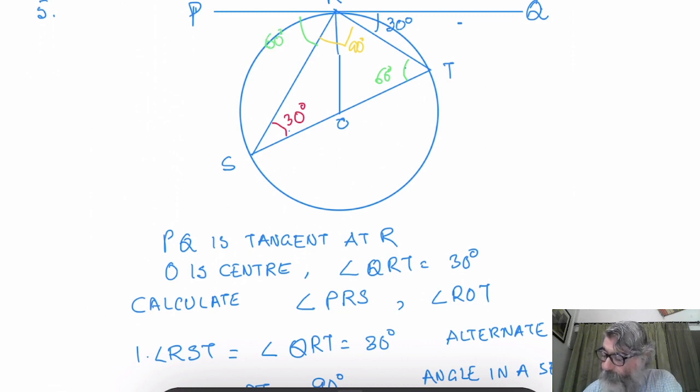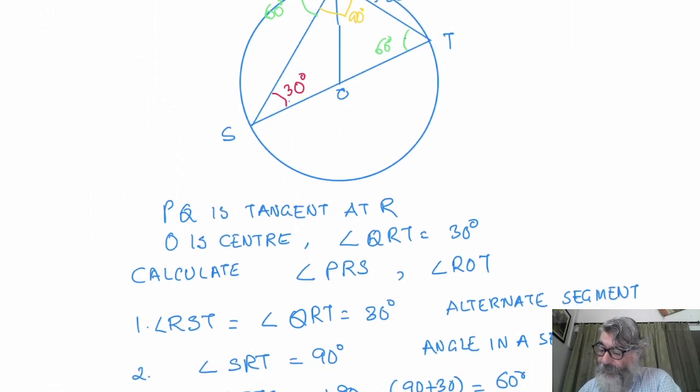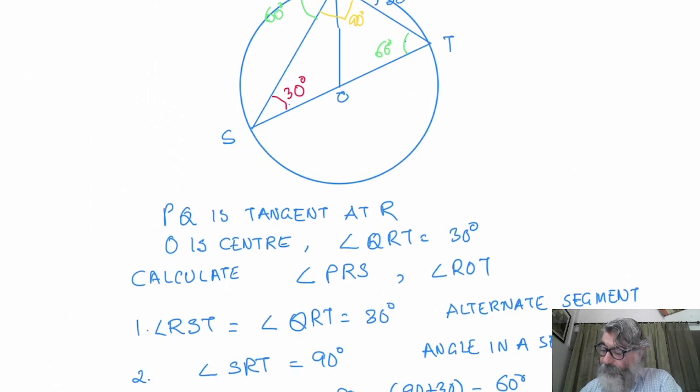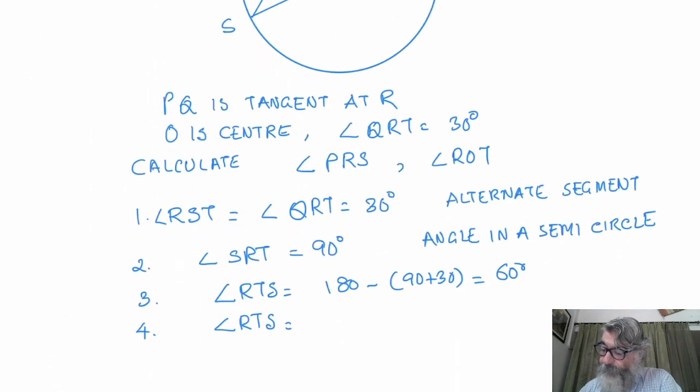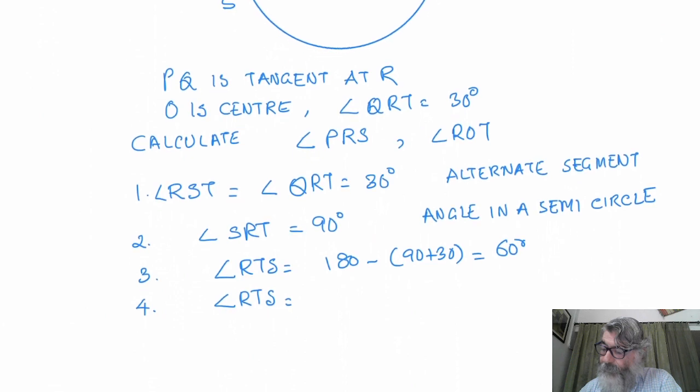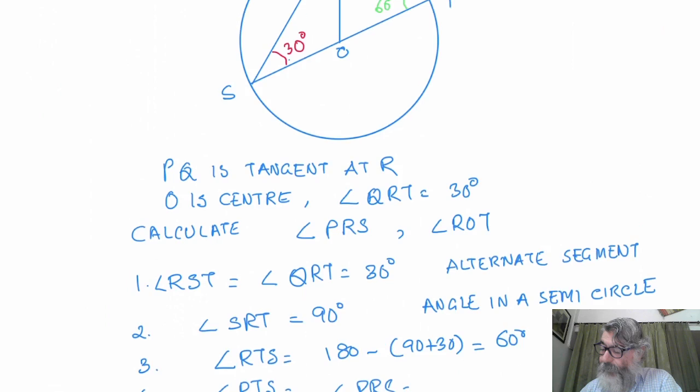I'll tell you another way also. This is 30, this is 90, that is 120, so this will be 60 otherwise also. So I can say angle RTS will be equal to angle PRS. Angle PRS will be equal to 60 degrees.